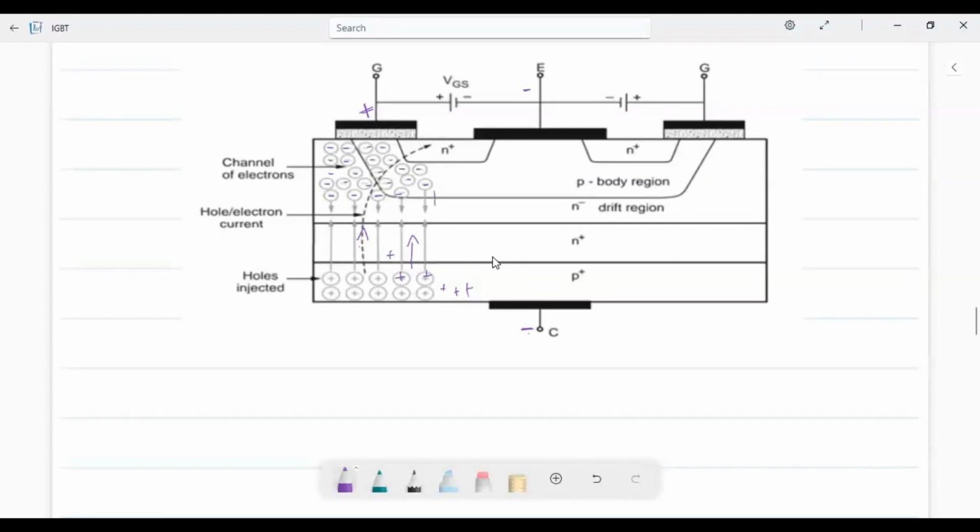The electrons will be moving downwards and the holes will be moving upwards. And here a lot of carrier movement will happen and this is called conductivity modulation in IGBT. And the conduction will happen in IGBT. This is the simple working of IGBT.